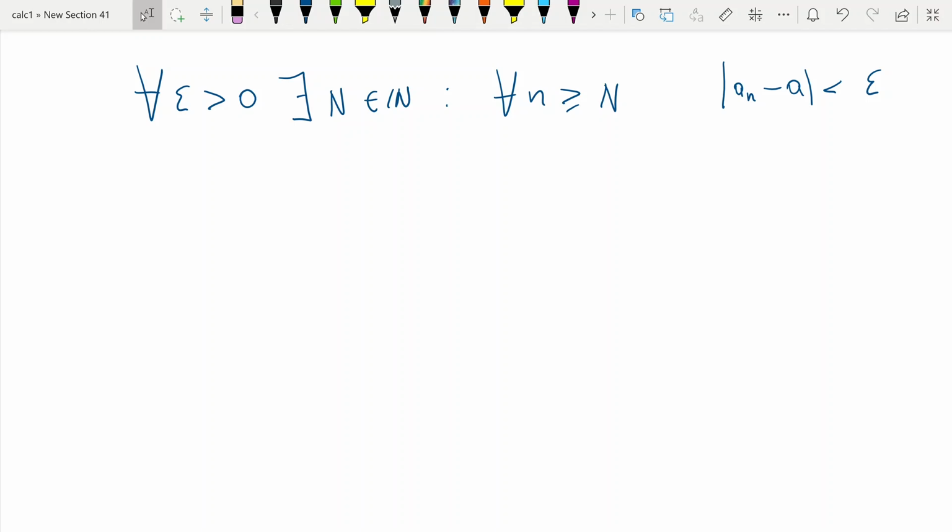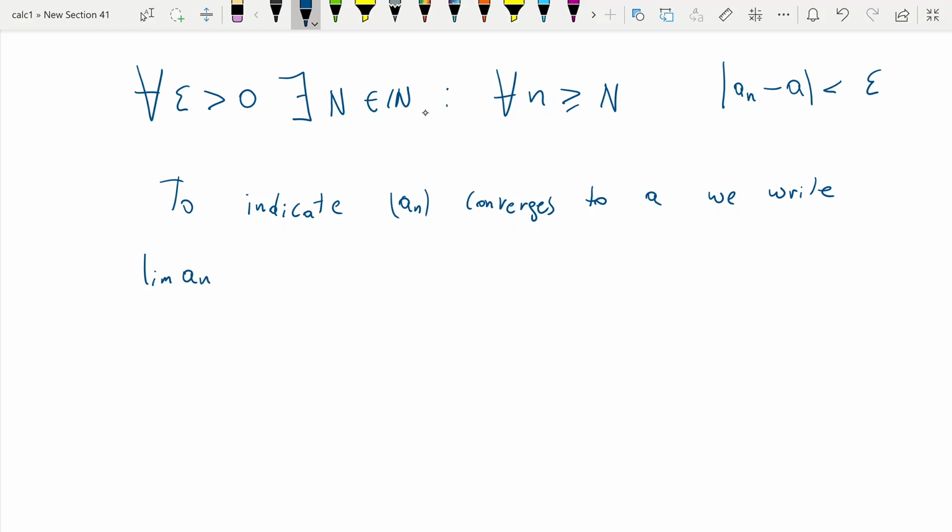And to indicate that a_n converges to a, we write either the limit of a_n as n goes to infinity is equal to a, or a_n goes to a as n goes to infinity.